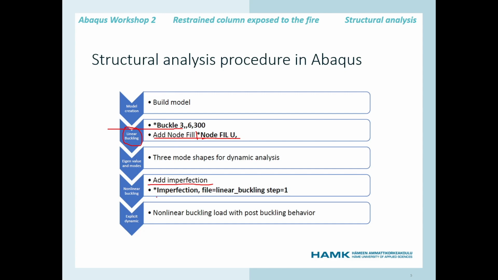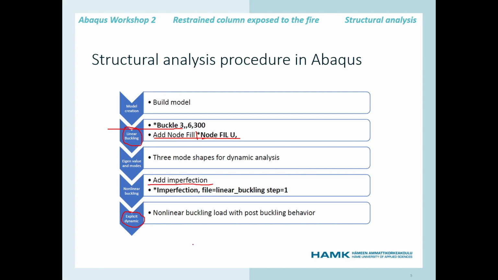Then we link the imperfection with the result obtained from the buckling analysis, and finally run the dynamic analysis procedure.